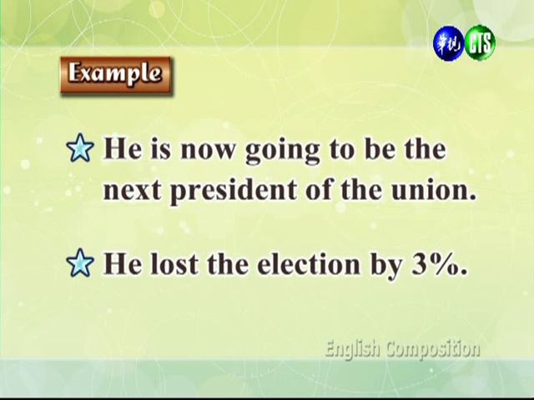Now, if we take the two sentences and we put them together in a paragraph, we start to have something strange. 好，但是如果我们把这两个拼字都正确的句子放在同一个段落里面，你就会发现有一点怪怪的地方哦。 All right, the first sentence says that now he's going to be the president, but the second sentence said he lost the election.